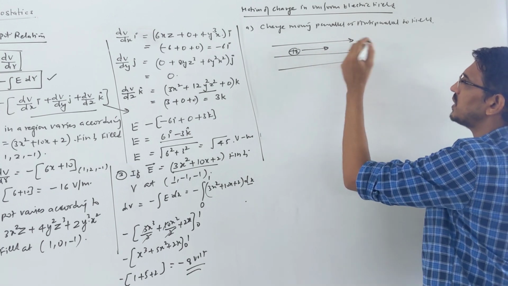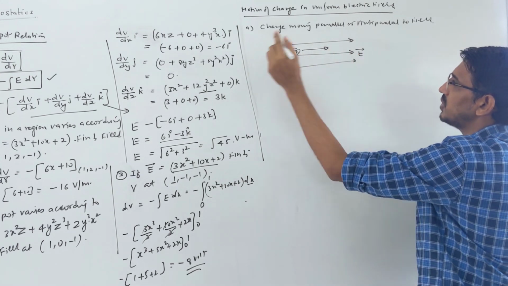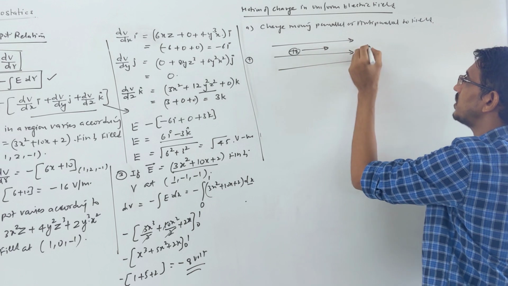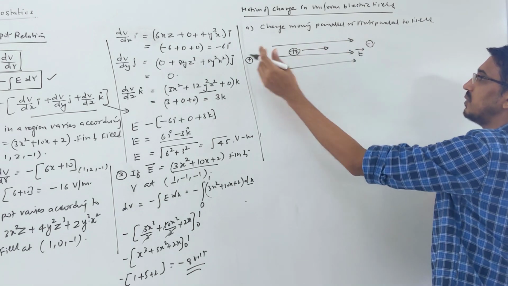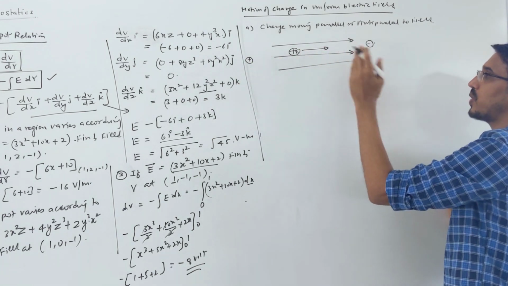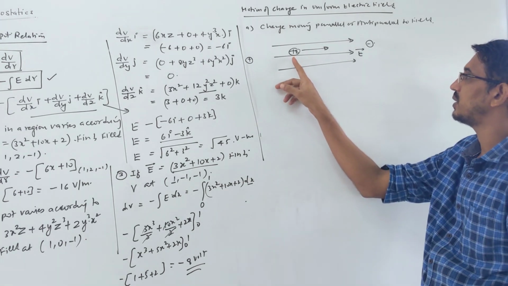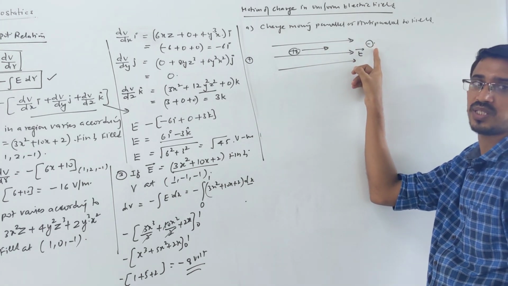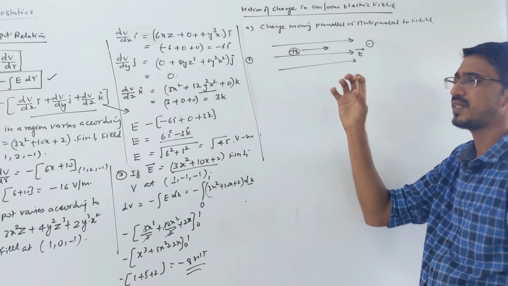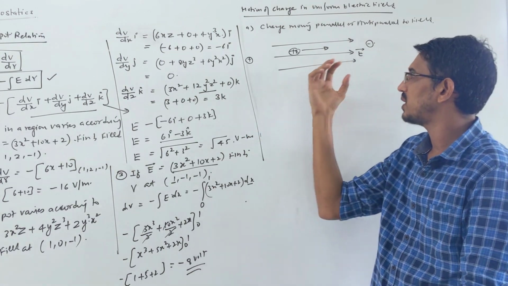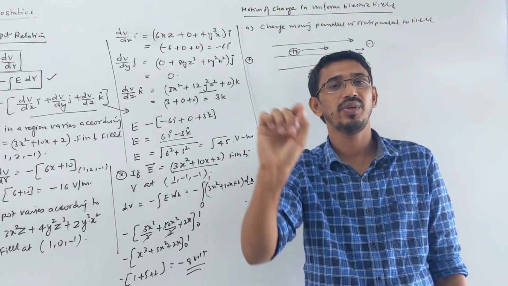Because field in this direction means the positive charge was here and the negative charge was here. The field starts from positive and goes toward negative, so this positive charge will be attracted toward that negative charge. Or you simply say the positive charge will experience a force in the direction of the field.